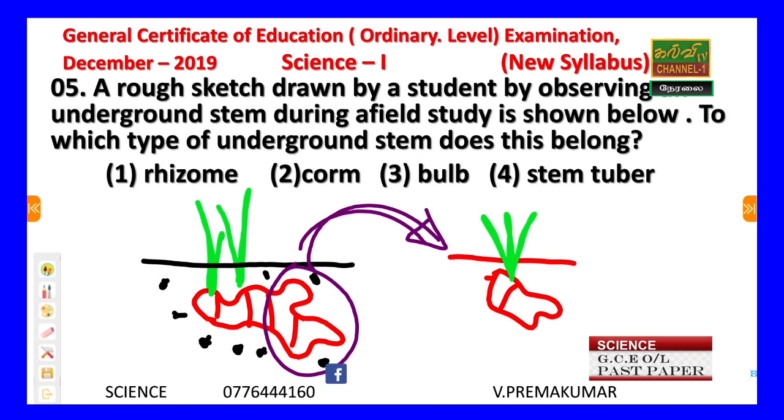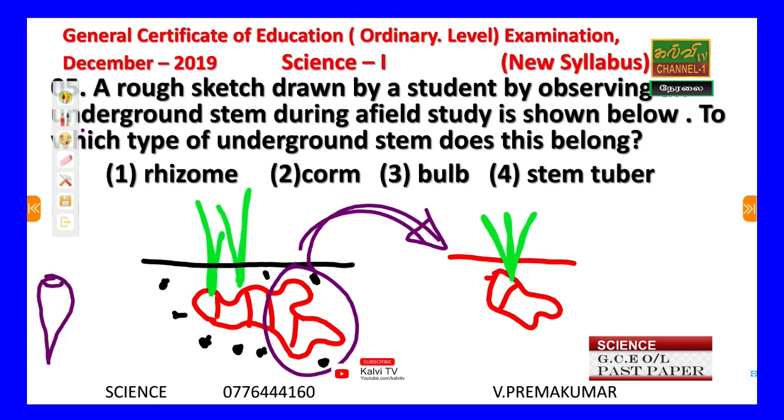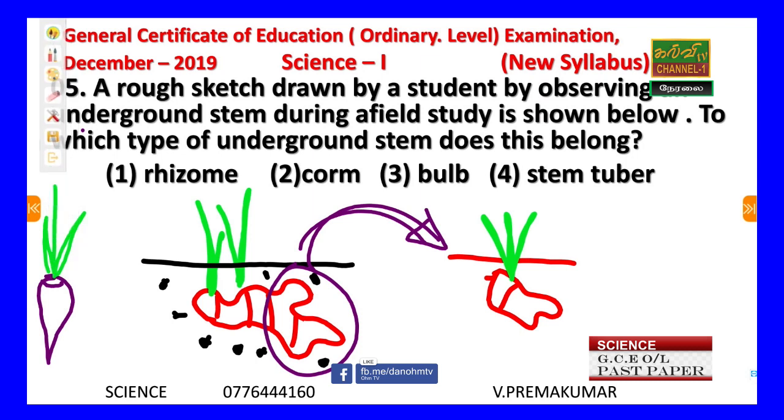But if it is carrot, say for example this is carrot, the leaves are here, this is soil.